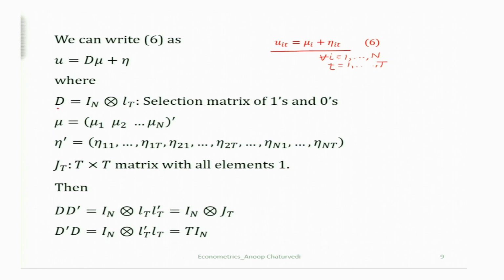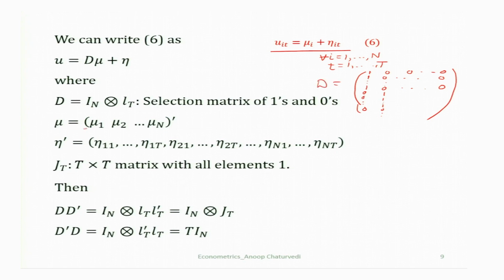If you look at the detailed expression for D, the first T elements of the first column are 1, all other elements are 0, and then the next T elements are 1 in the next column, and like this.